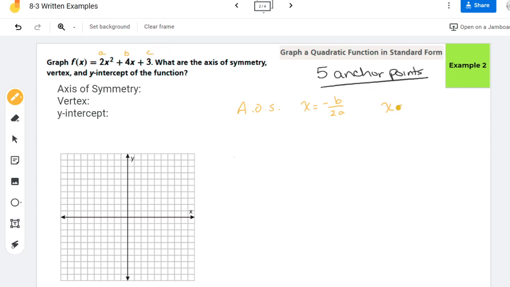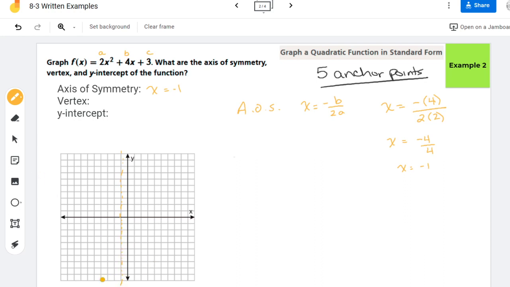So I have x equals negative 4 over 2 times 2. That negative 4 can fall out of parentheses, and 2 times 2 is 4. So my axis of symmetry is the line x equals negative 1, which is right back here.